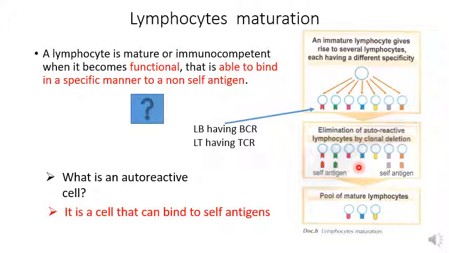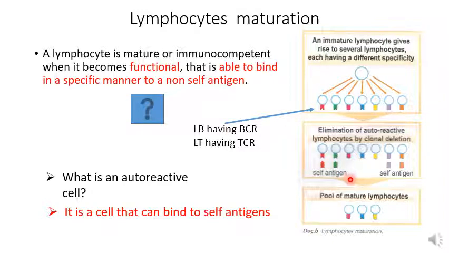Of course, because if our lymphocytes bind to our self antigens, then they are going to eliminate our cells. And this is what we call autoimmunity. It's a malfunctioning of the immune system that can lead to disease. We're going to talk about this in chapter 8.